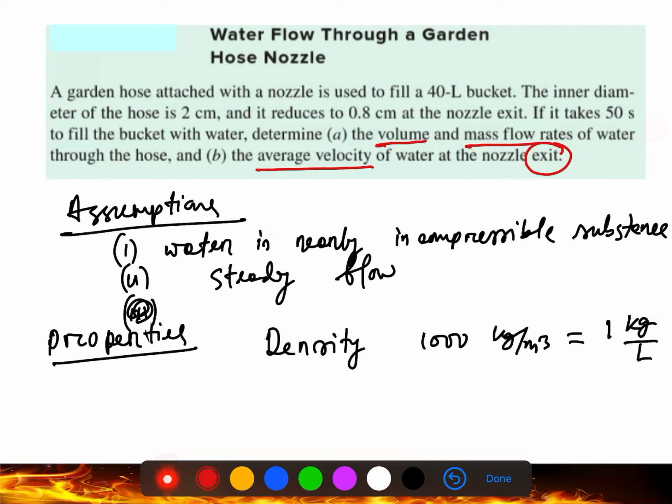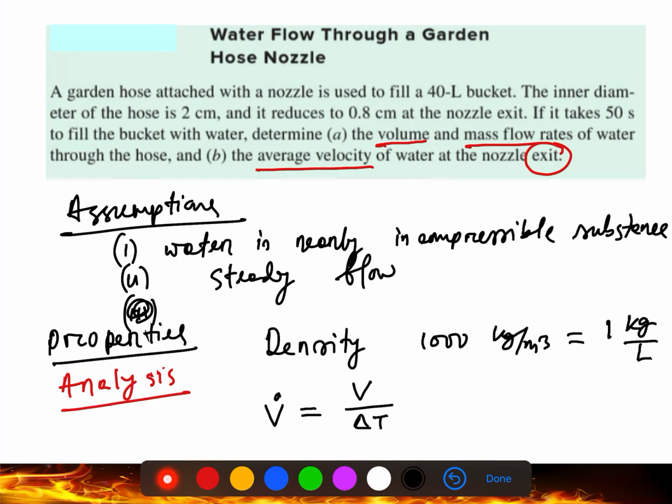From the formula, in the analysis, we need to calculate the volume flow rate. The volume flow rate we usually define as V bar, equal to the volume over delta t.